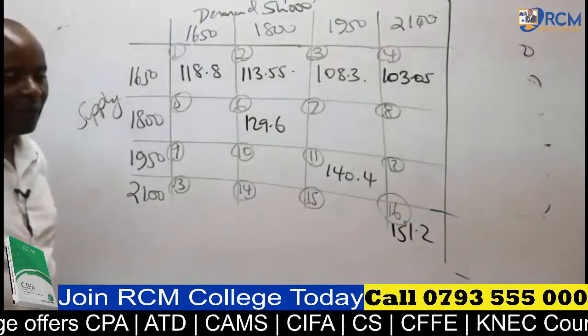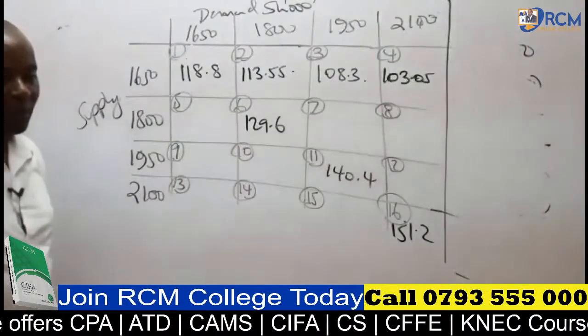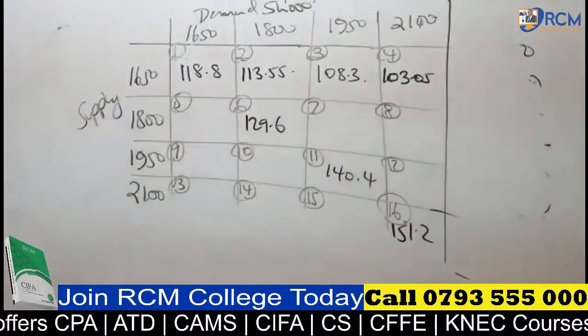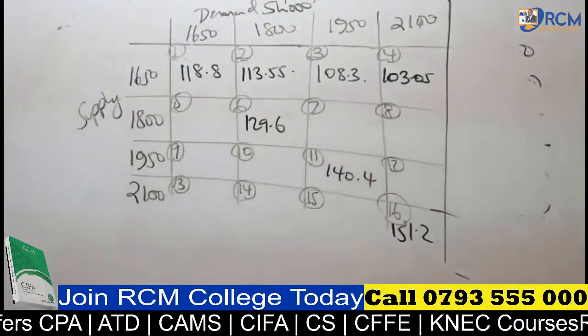Cell number 5, I'm waiting for you to give me the profit of cell number 5. Please give me the profit of cell number 5. Talk to me. Cell number 5, what do we have?